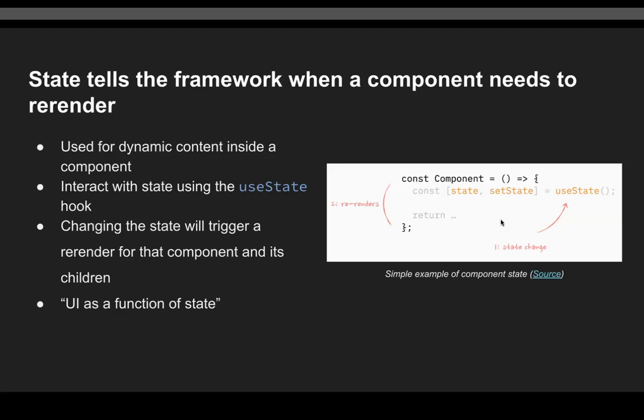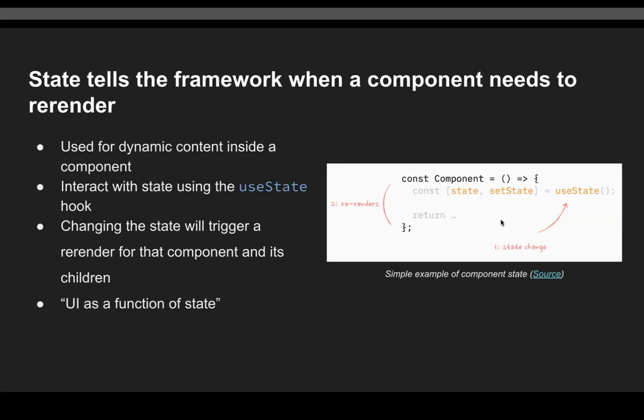So state is the actual variable that holds the values, and set state is how you go and update the values whenever you want to make a change. And we'll see why this is important. The reason this becomes relevant is, as you can see in the third bullet on the left, when you change the value of the state, the way React works under the hood is it completely redraws and re-renders all of the JSX that you've returned from this component.